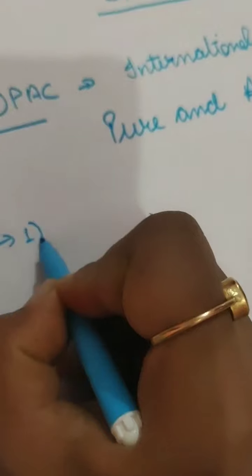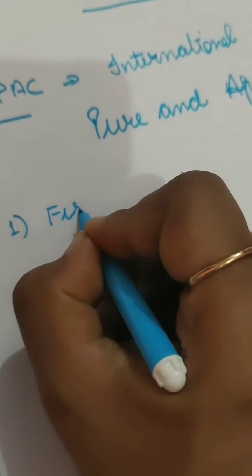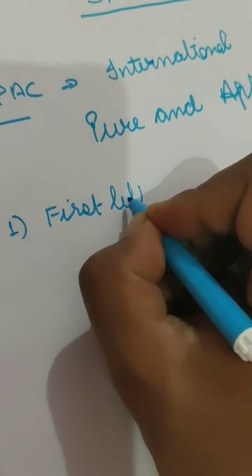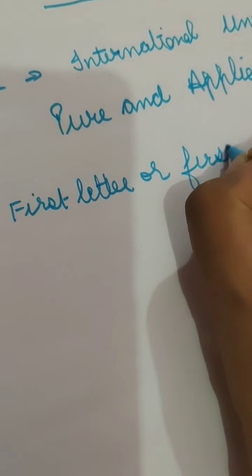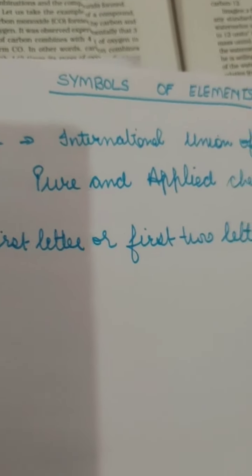According to this, either the first letter or the first two letters of the English name or the Latin name of the element are used as its symbol.